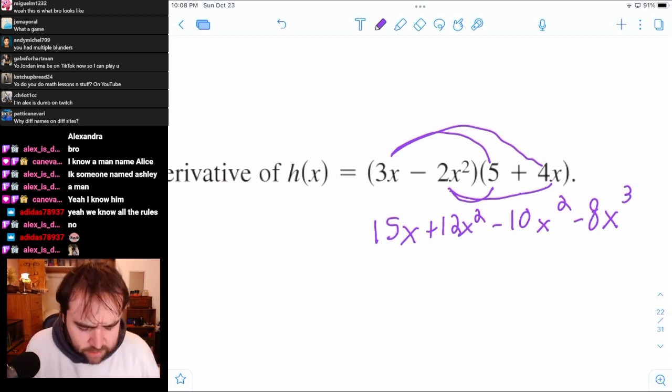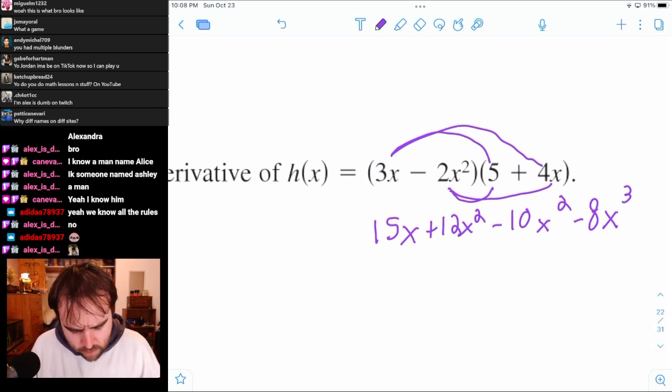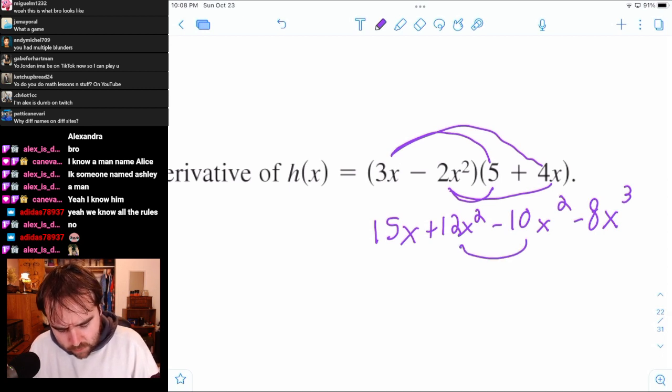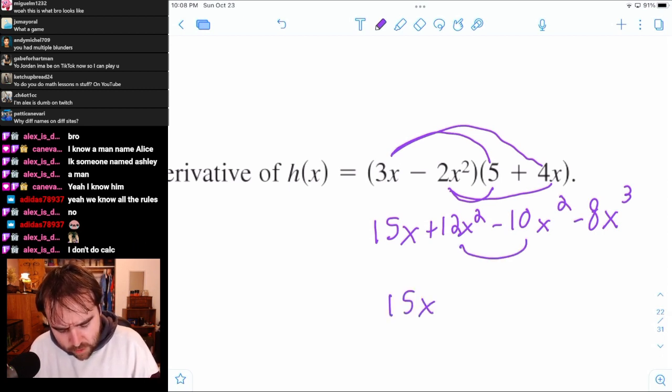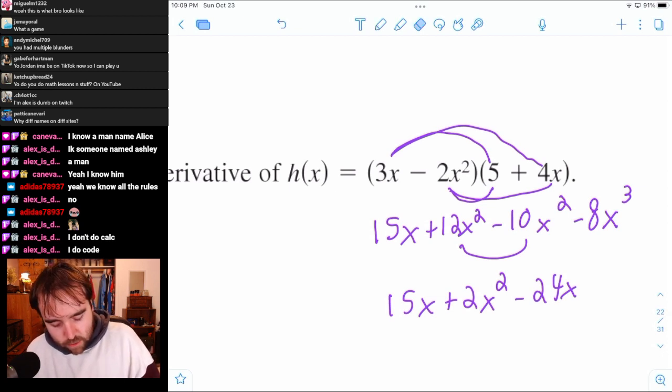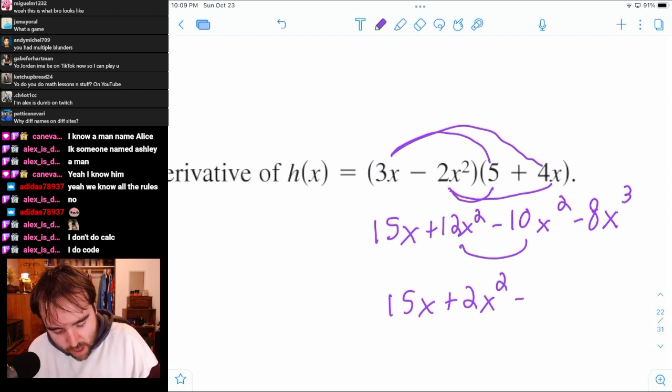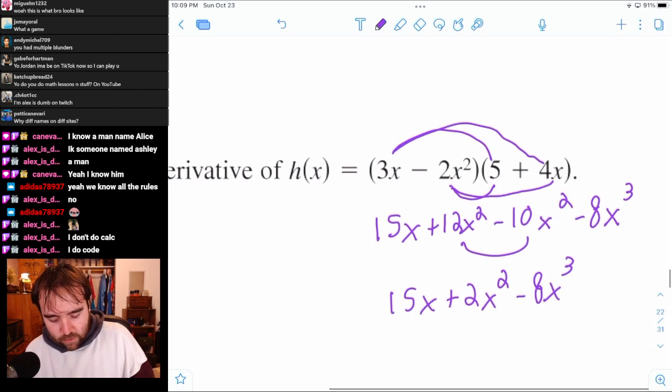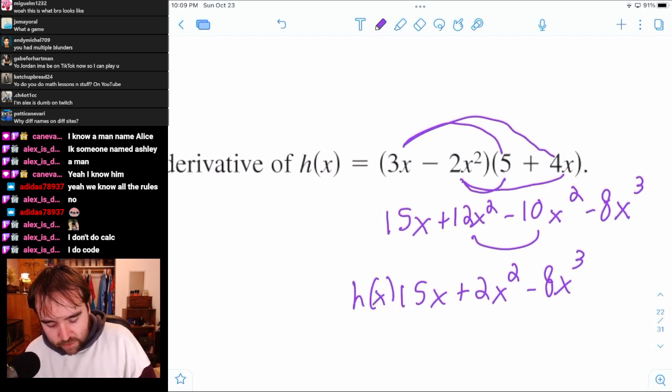And then let's just combine like terms because we can. So we'll combine these here. So we'll go 15x plus 2x squared minus 8x cubed. I don't know what I was thinking there. So that's h of x.